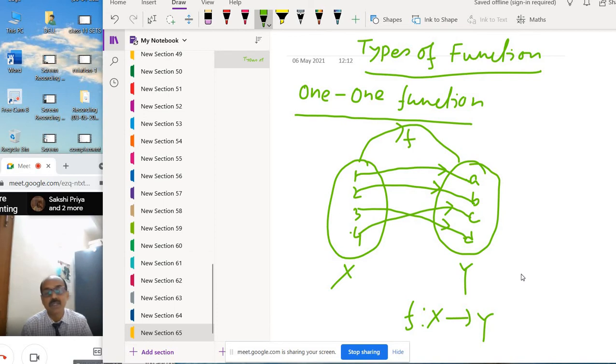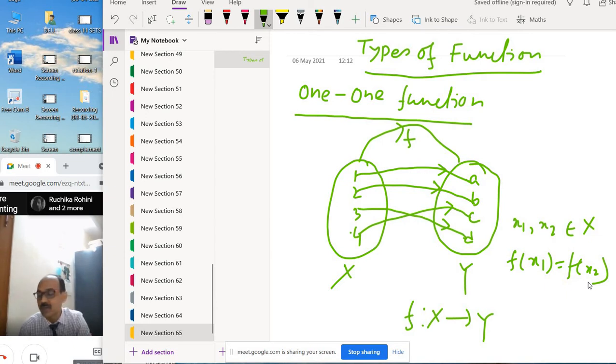That means separate elements have separate images. So for every x1, x2 belonging to X, take two elements of X, x1, x2. Suppose two elements x1, x2 of the X set have images in the Y set. Then f(x1) equal to f(x2).